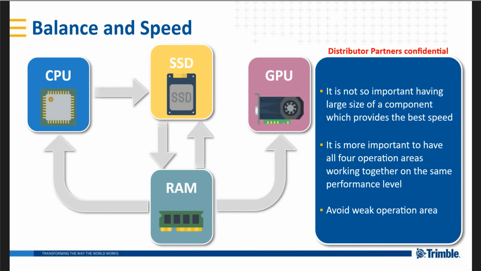That means, in other words, remove bottlenecks. For example, if you have a strong CPU, large RAM and a very good GPU, but the solid state drive is weak or not fast enough to read and write the data, the whole performance goes down, and you see that the processing time increases quite a lot.